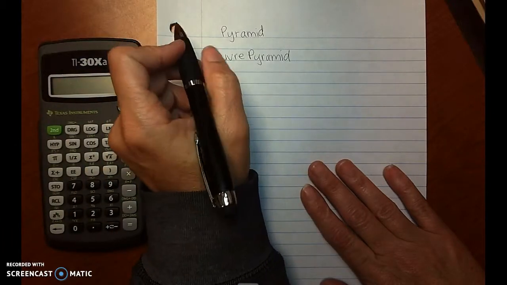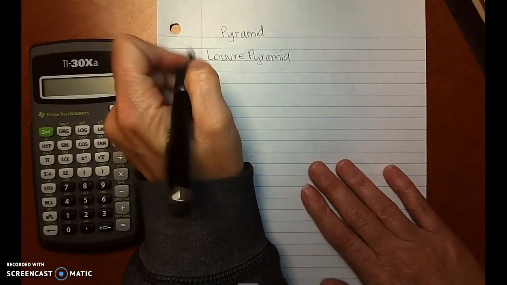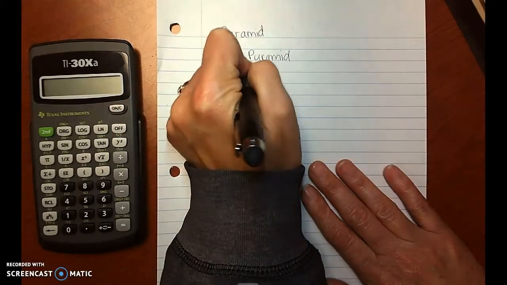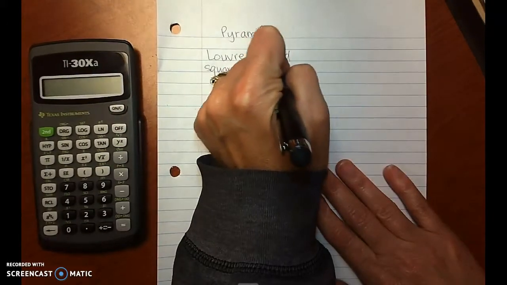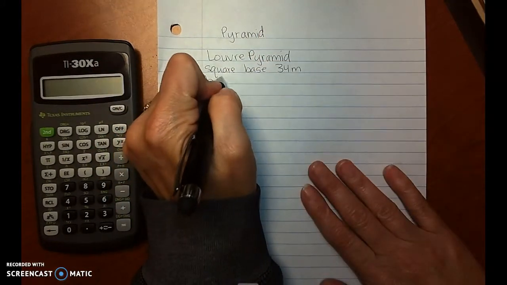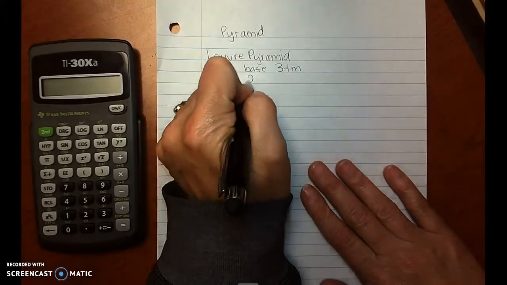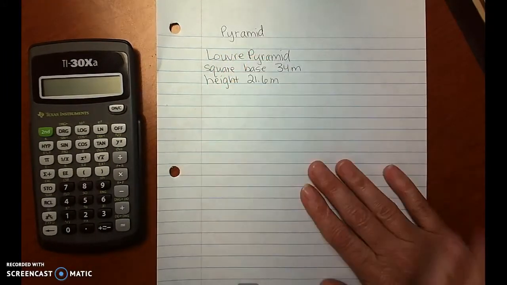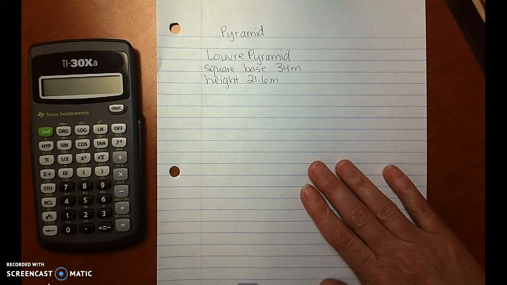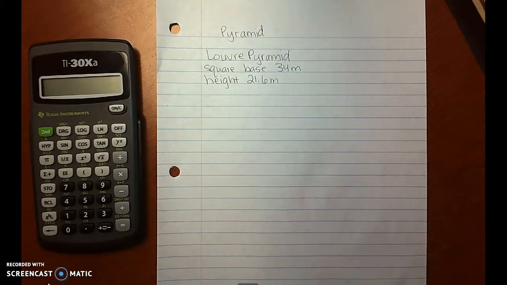Okay, so on our pyramid, it told me it had a square base, and that was 34 meters. And it told me it had a height of 21.6 meters. And this is enough information to calculate the surface area and volume.